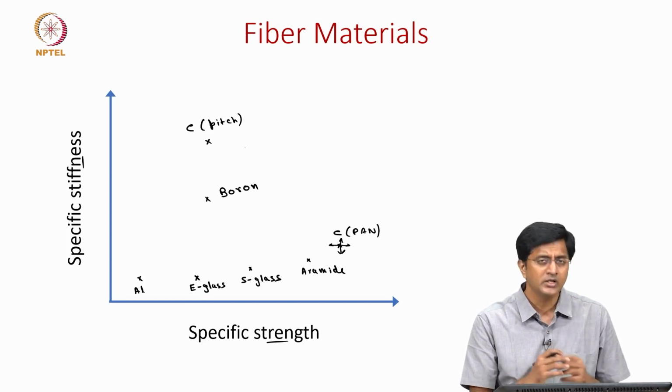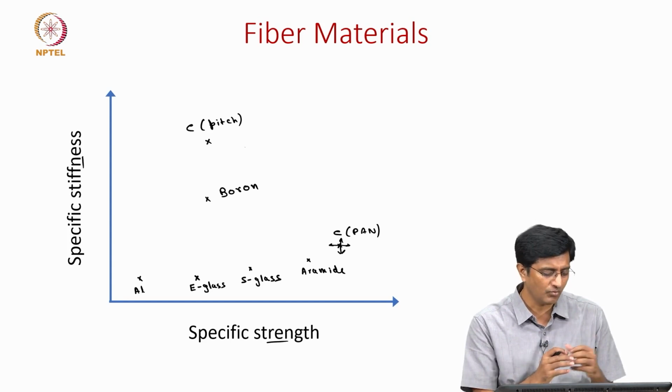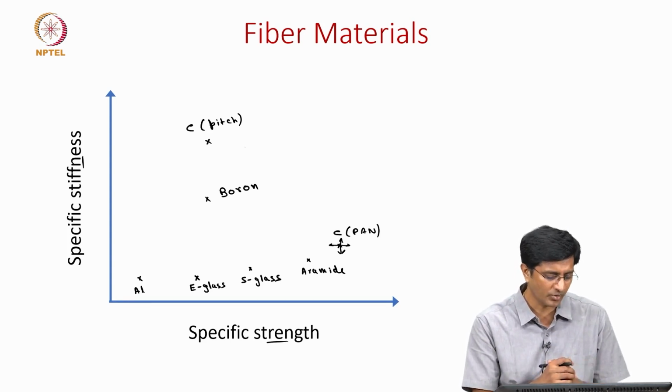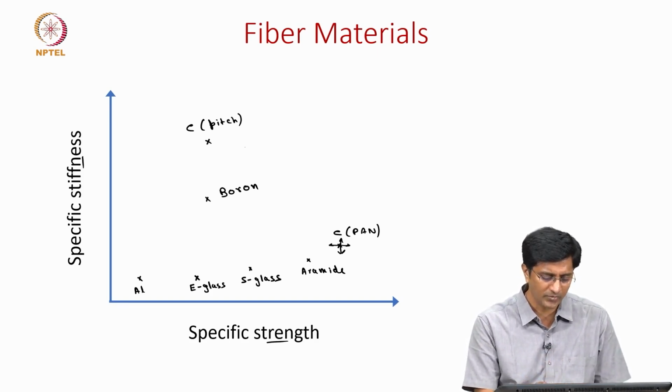As we can see, depending on the application, if stiffness is the only criterion, then one should go with carbon fibers made from pitch or the boron fibers. But if specific strength is a major criterion, then we go with either the carbon fibers made from PAN or the aramid or Kevlar fibers.